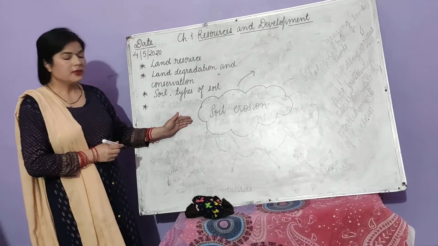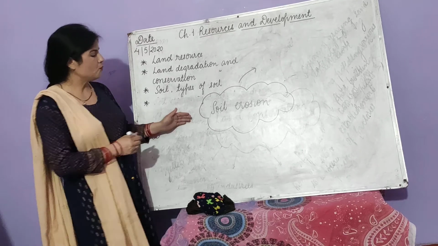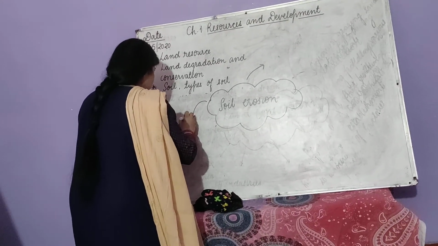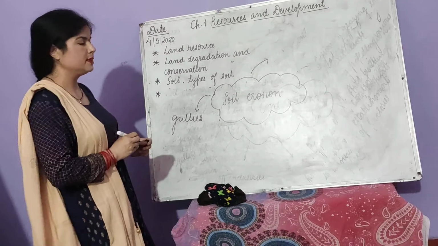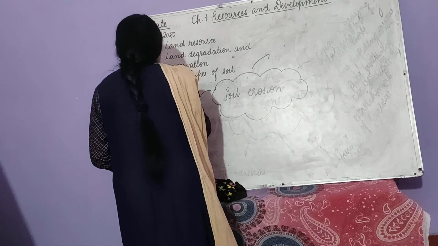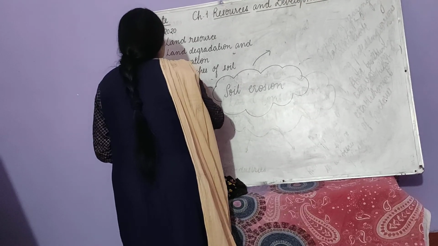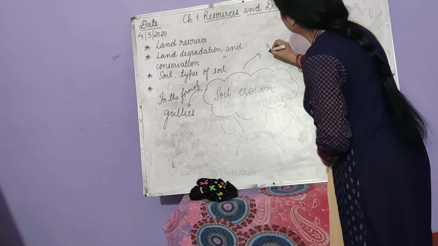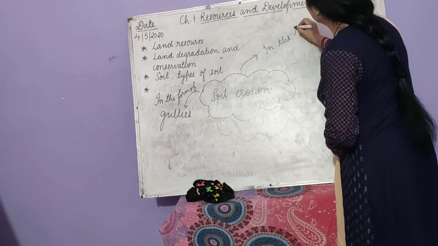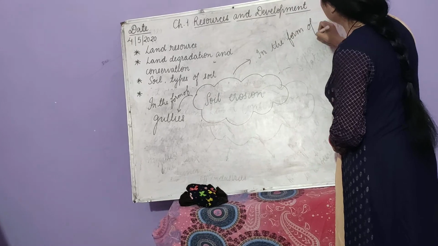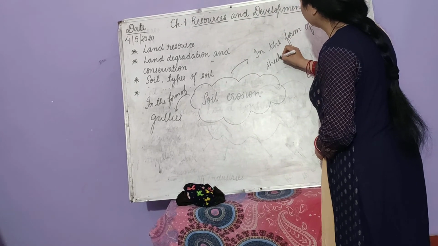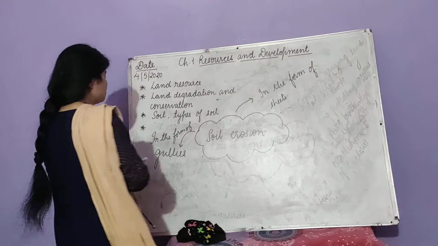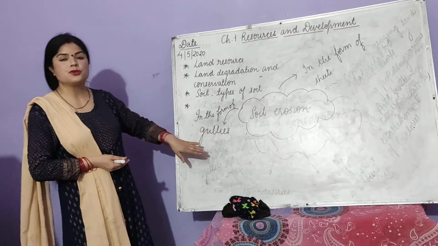Soil erosion can be in two ways: in the form of gullies and in the form of sheets. Now what happens in the first type of soil erosion, gully erosion?